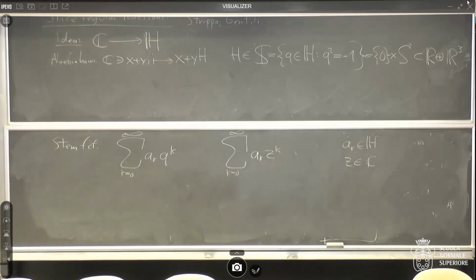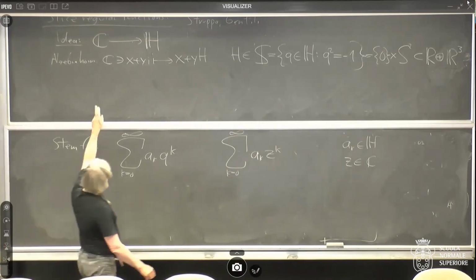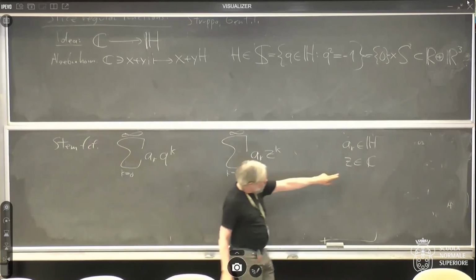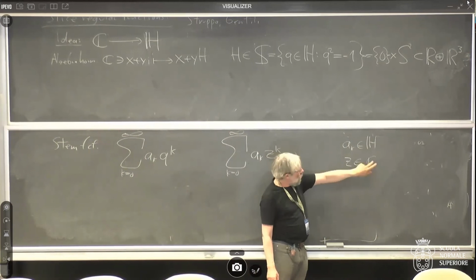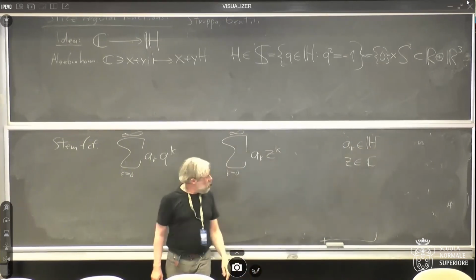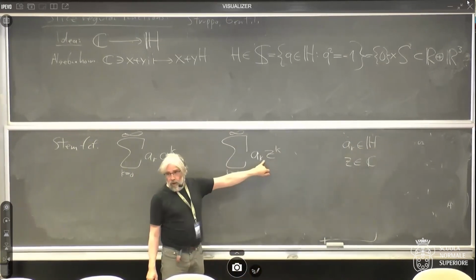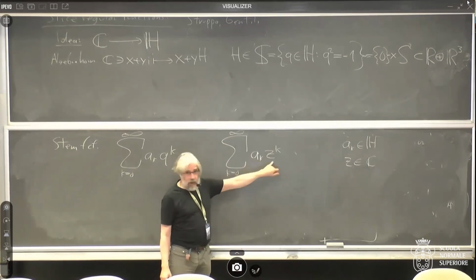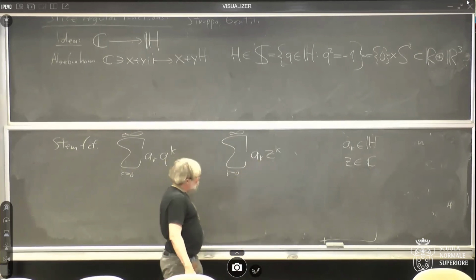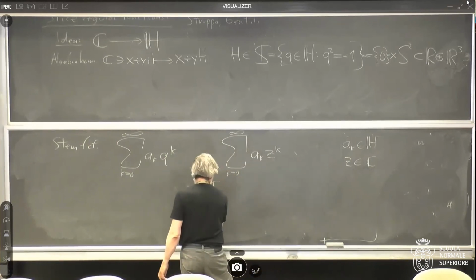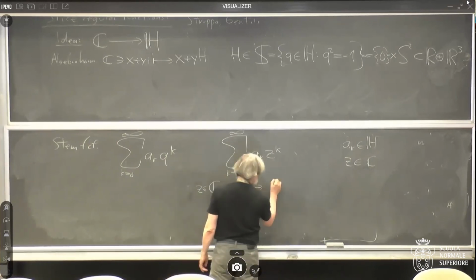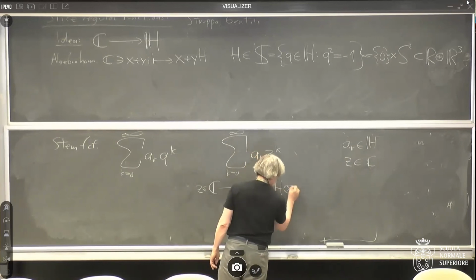Of course, the problem is now there are many embeddings of the complex numbers into the quaternionic skew field, but there is absolutely no canonical embedding. So in order to make sense out of this product, a_k times z^k, the only canonical way is that you now take a function which has a value in the tensor product.